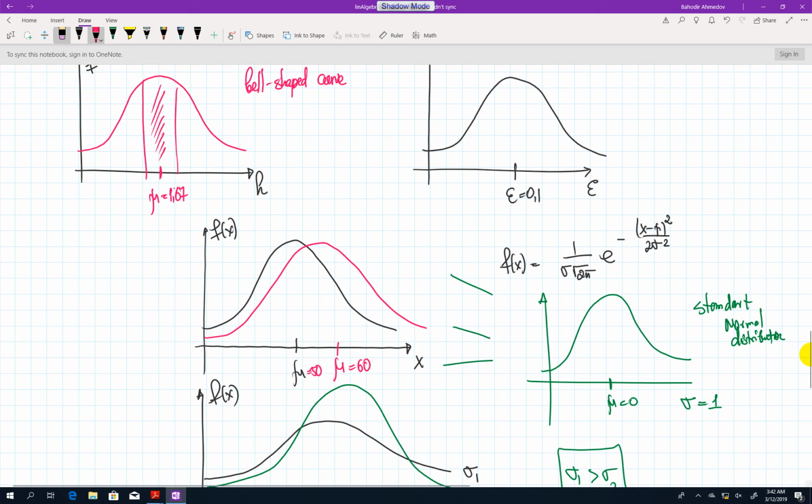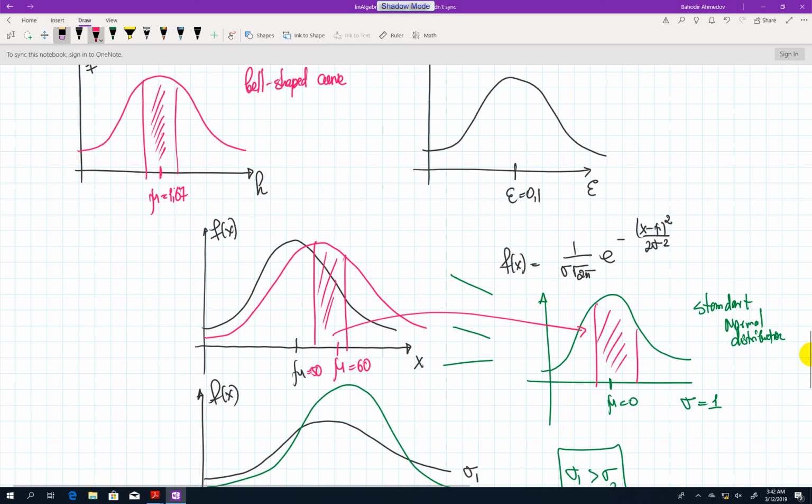And try to figure out, for example, if I need to calculate this area, what area it corresponds to in the standard normal distribution. This is the only thing I need to figure out.